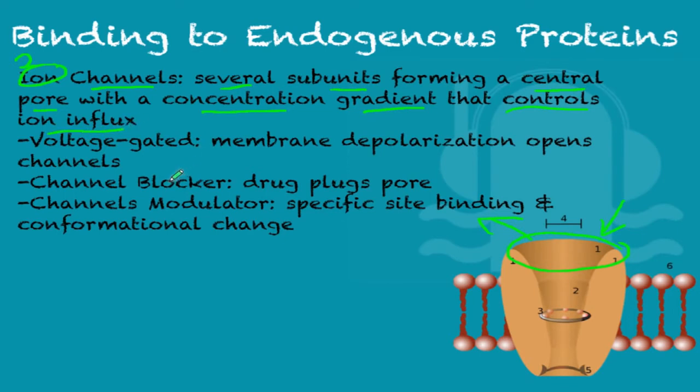Now there are several subtypes of ion channels, the first of which is a voltage-gated ion channel, and this occurs when membrane depolarization opens the channel. Next we have a channel blocker, and this is when a drug plugs the pore, so it would block this entrance here. For example, local anesthetics.